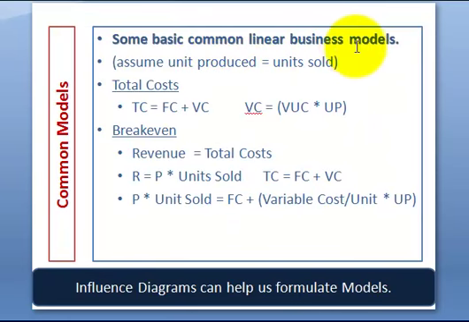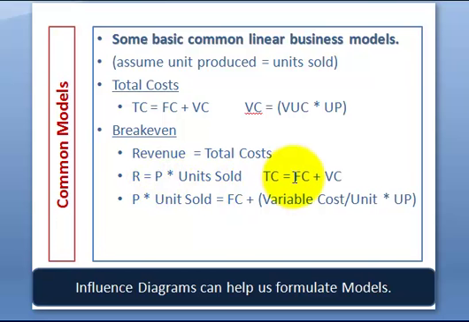There are some basic linear models, like total cost equals fixed cost plus variable cost, and the variable cost is my variable cost per unit times my unit production. Here, I'm going to assume units produced and units sold are equal to each other. Break even is another one, where revenue equals total cost. Revenue is my price per unit times the number of units sold.